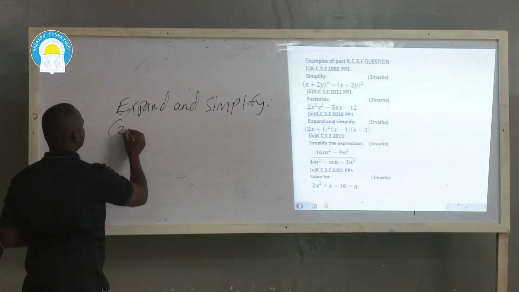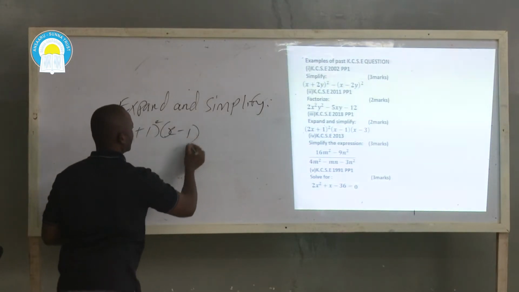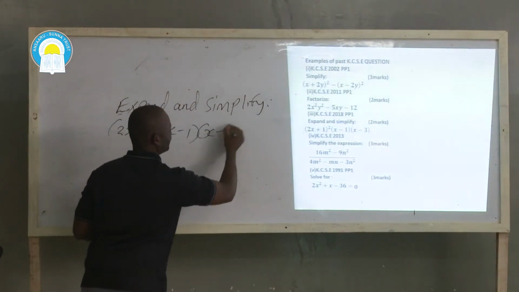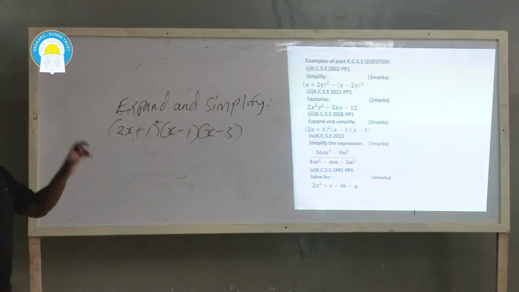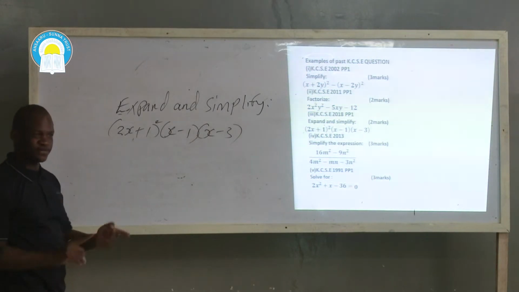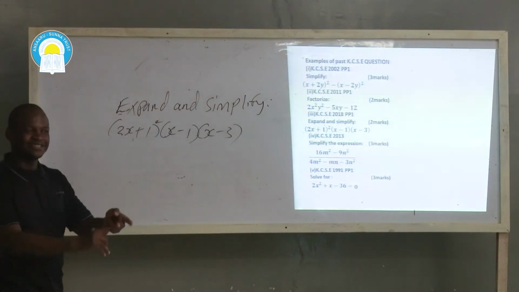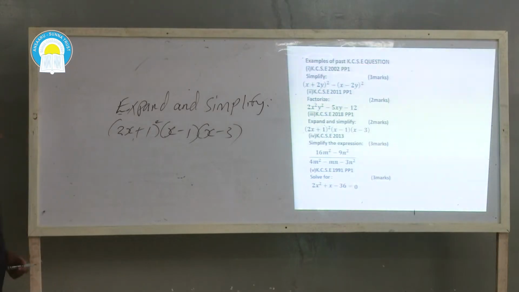So we have 2x plus 1 squared, x minus 1, x minus 3. That was a question dealing with what? An expression and not an equation. Because I said, what are the keywords indicating you are dealing with an expression? Expand, simplify, and factorize.